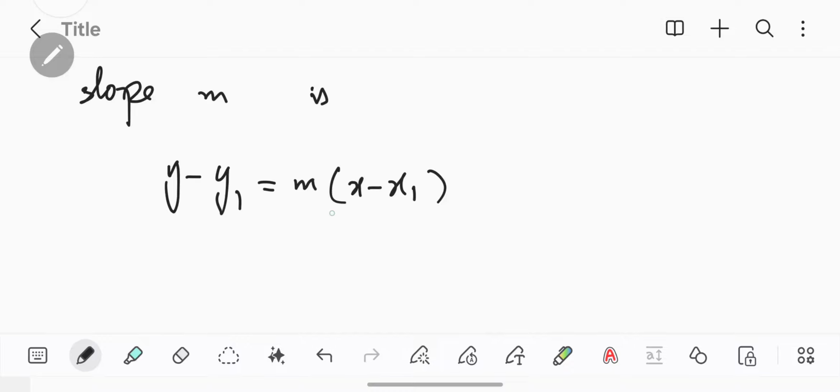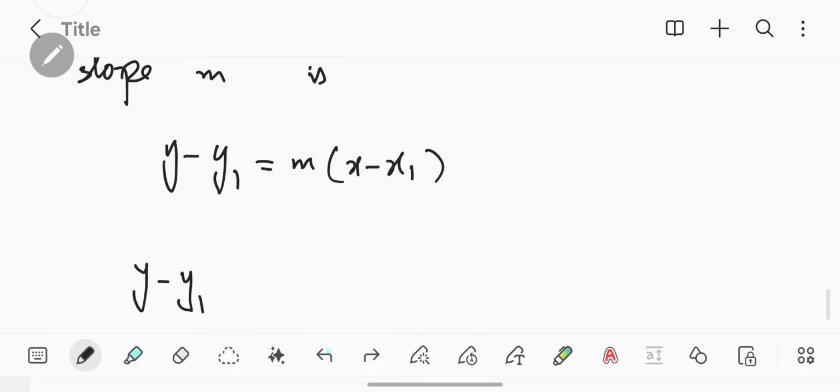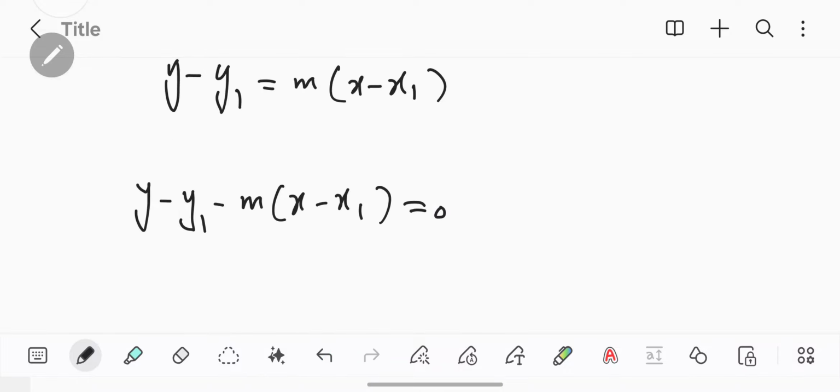So what if I shift this whole term to the left hand side of the equation? I'll get y minus y1 as it is, minus m times x minus x1, equals 0.